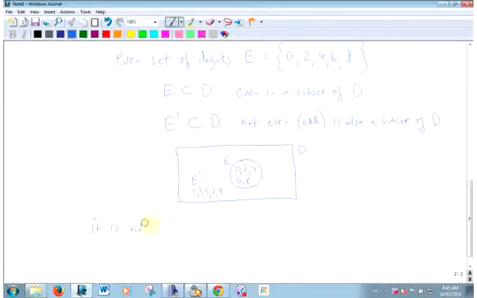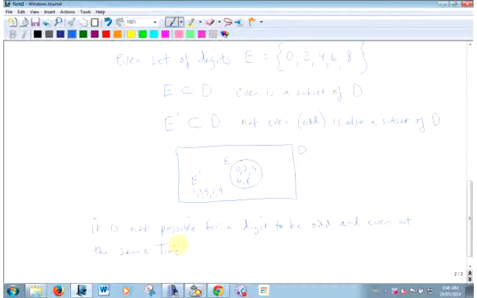So because it is not possible for a digit to be odd and even at the same time, we know this.